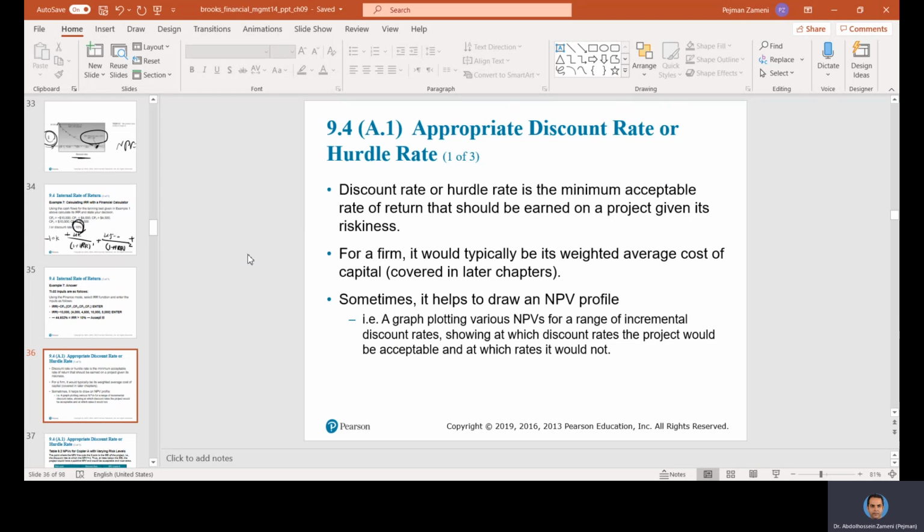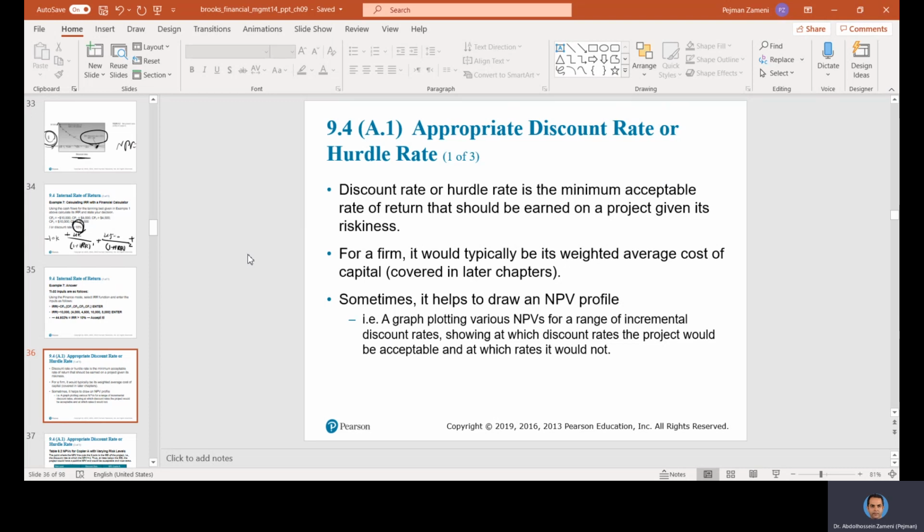Otherwise, accepting this project is not feasible and logical. For a firm, it would typically be its weighted average cost of capital, which later we're going to learn about. This weighted average cost of capital could also be the same as the discount rate or the hurdle rate that we are talking about.